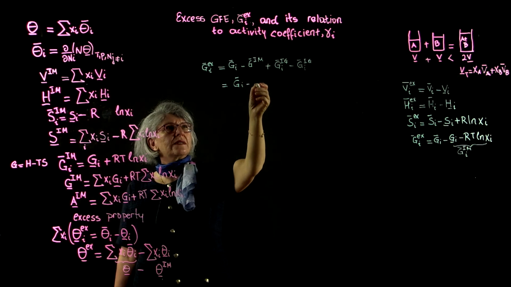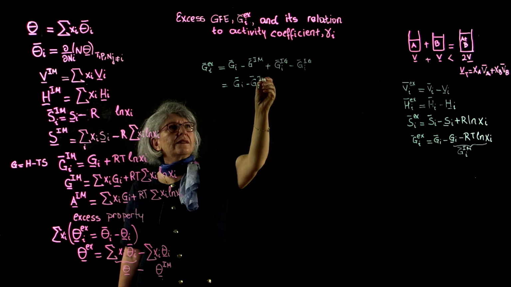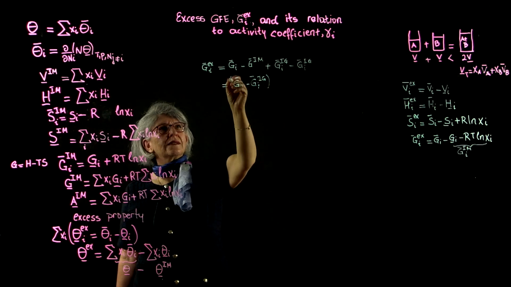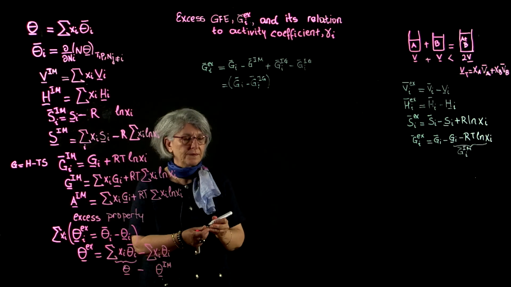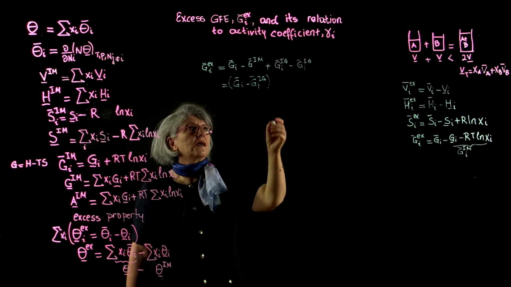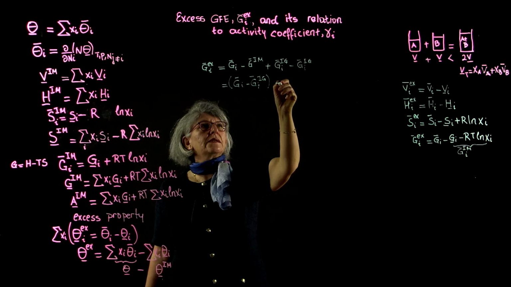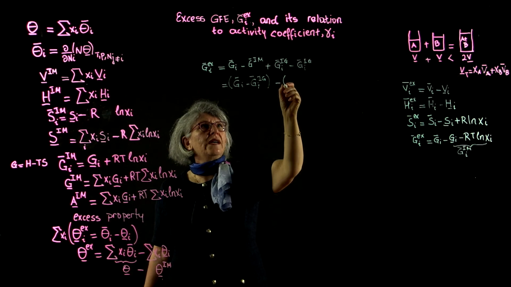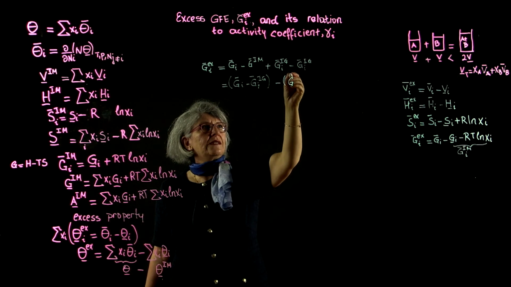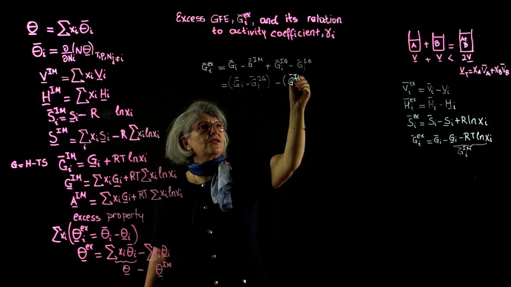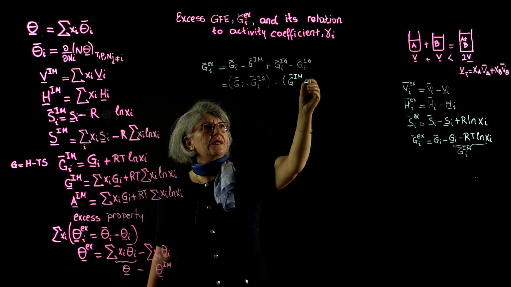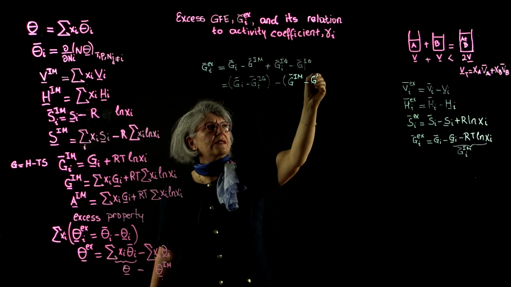Gi minus Gi ideal gas, minus, I'm going to have G ideal mixture minus G ideal gas.